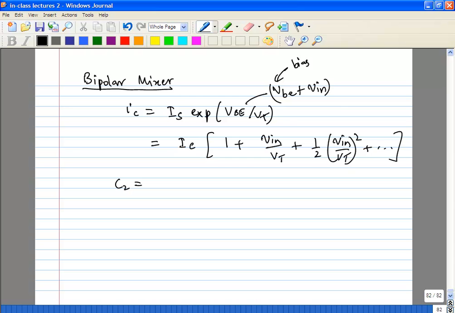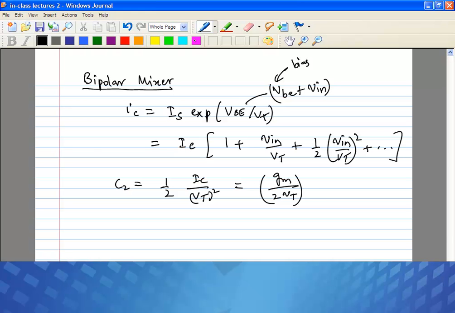What is C2 then? It's IC over 2VT squared. IC over VT is GM for a bipolar transistor. So it's nothing but GM over 2VT.